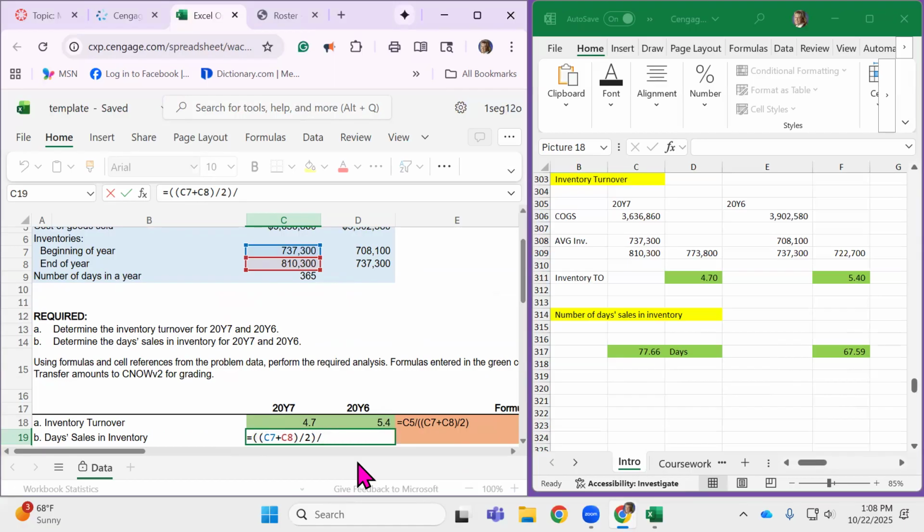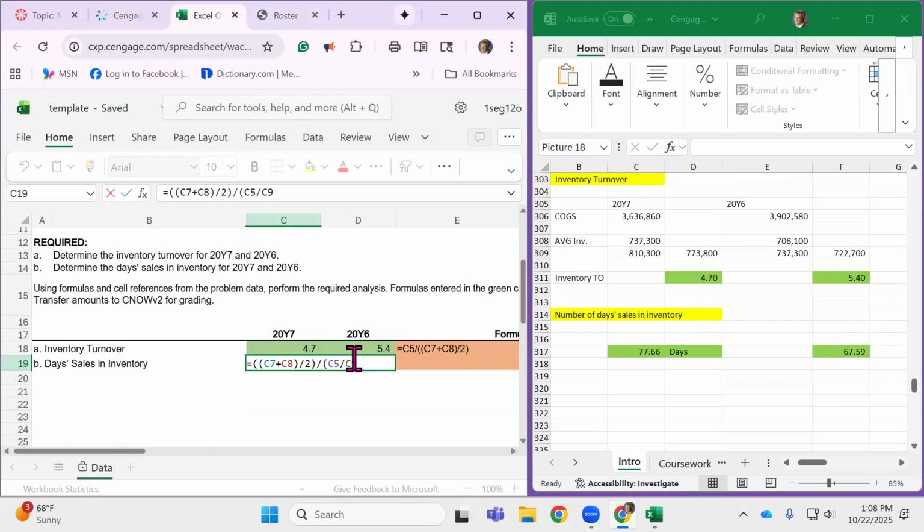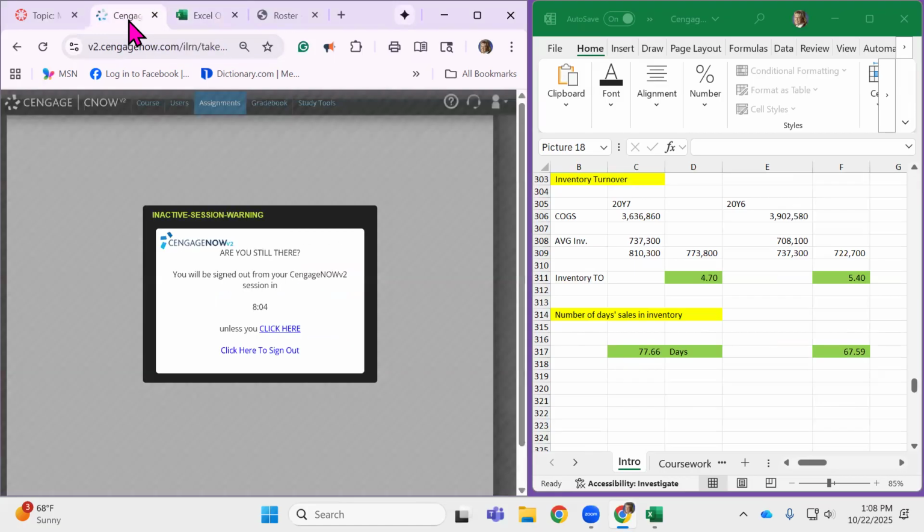Now you're going to divide by another set of parentheses. Cost of goods sold divided by 365 days. There it is. So 77.7 days and 67.6 days. Let's see if that's what we got.